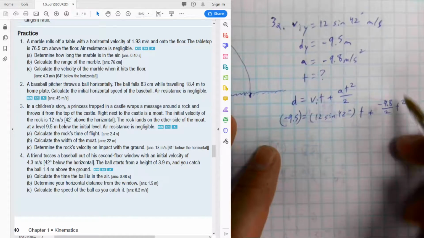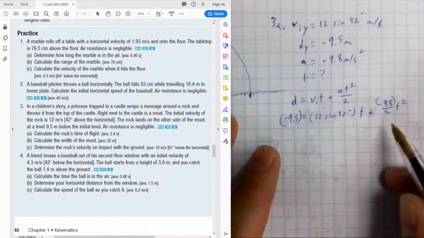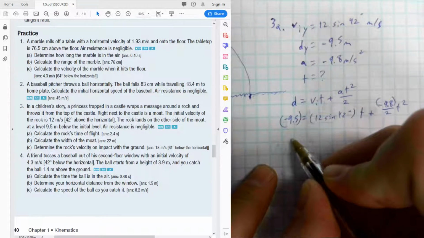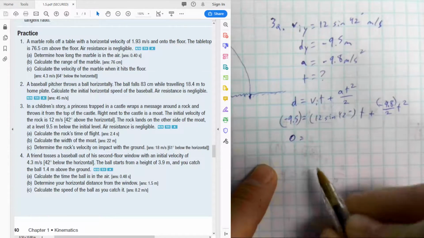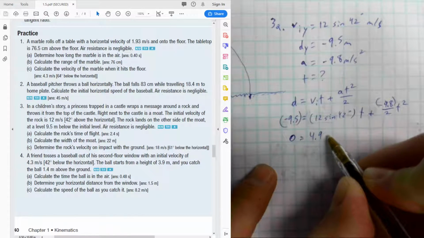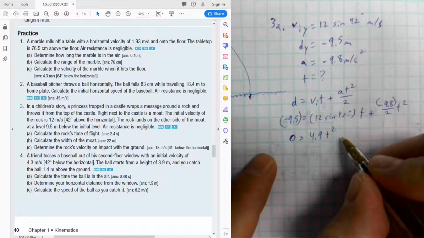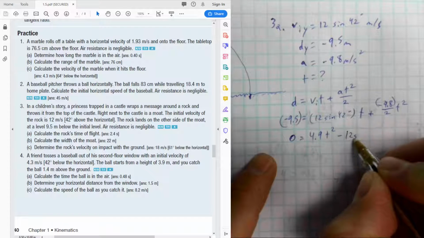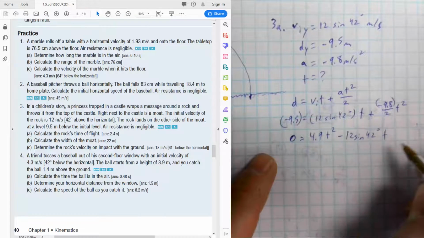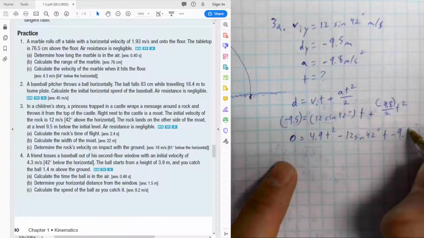I'm then going to resolve this and move everything to the other side. So let me just write 0 equals positive 4.9 t squared, negative 12 sine 42 degrees t, negative 9.5.